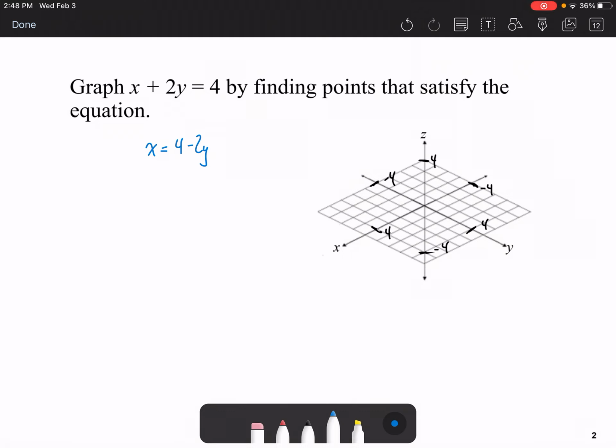So that means whatever y value I choose, it'll also choose the x value for me. So if I choose y as 2, let's say, my x value would be 0. And I can choose any number I want for z because it doesn't matter in the equation.